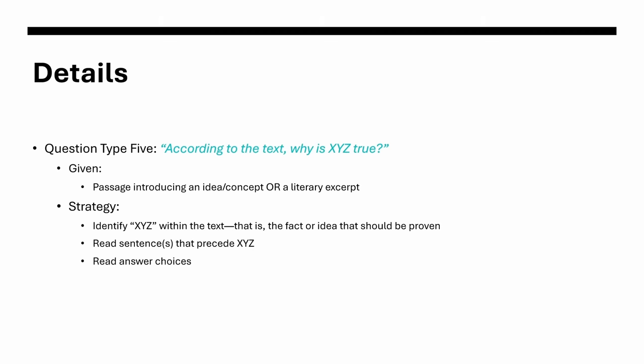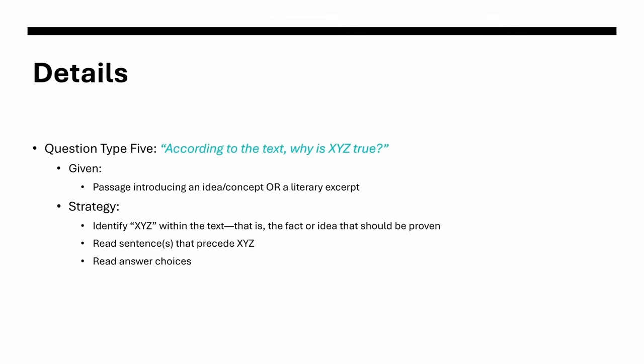And again, we're going to have a passage that introduces some sort of idea or concept or topic, or you'll have a literary excerpt. And regardless of which one it is, the first thing you need to do is identify XYZ within the text. So if I'm having a text that is about blue whales or something, right, I'm going to identify where the text talks about blue whales and what about them I might need to answer the question. I'm going to underline or highlight that on the exam.